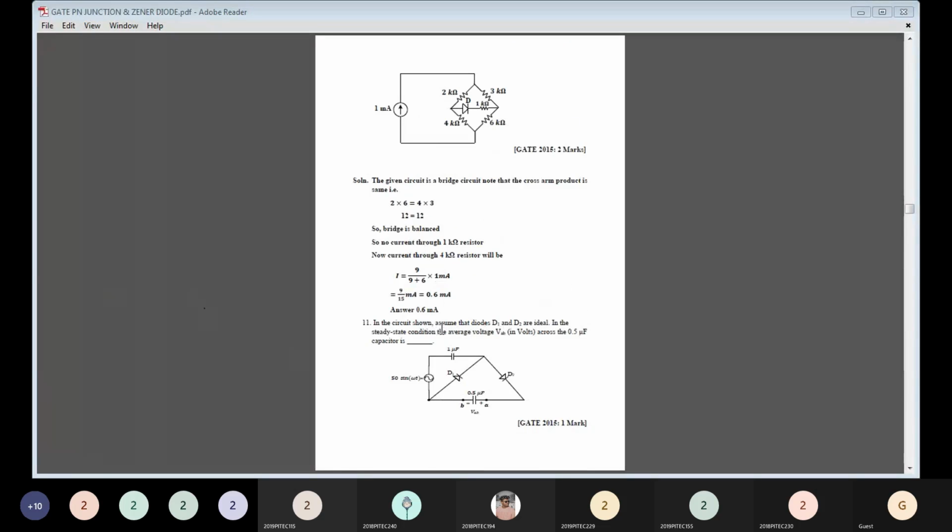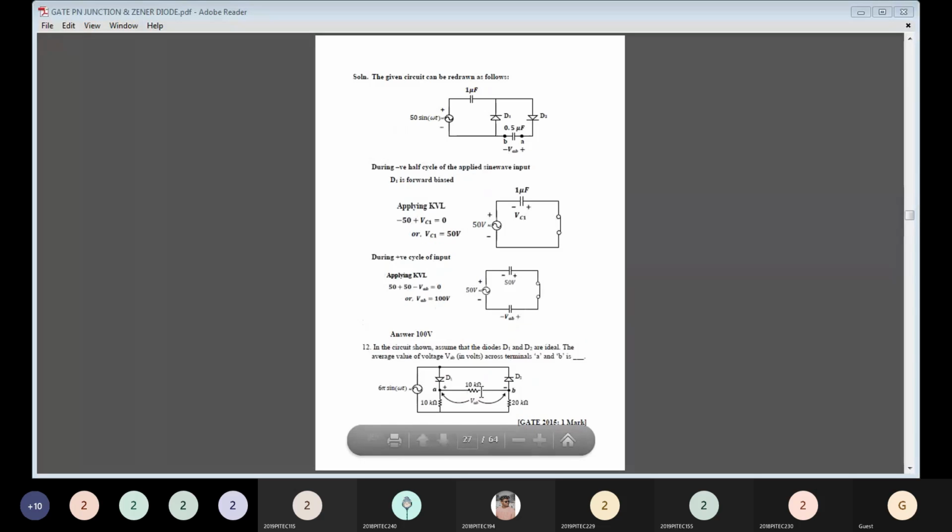In the steady state condition, the average voltage across the 0.5 microfarad capacitor is. So here in this circuit, diodes D1 and D2 are ideal. Under steady state condition, the applied voltage across the circuit is V. Now we have to find out the steady state voltage across the 0.5 microfarad capacitor.